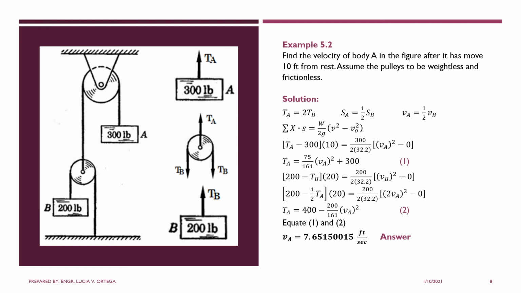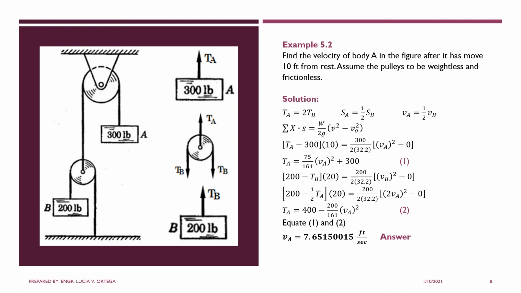What is v sub B? That is twice the velocity of A. So substitute the equivalent of T sub B, that is 1/2 of T sub A, and v sub B is twice v sub A. Then we have equation 2.